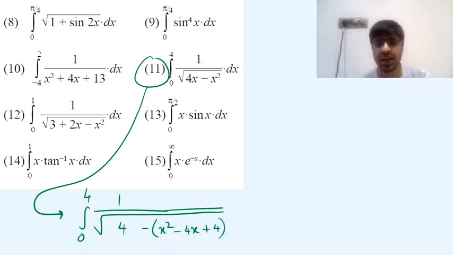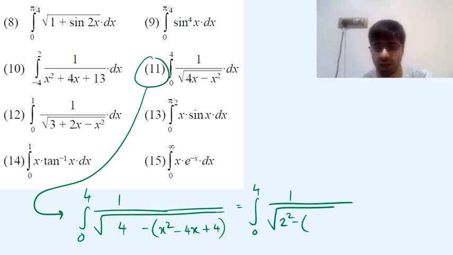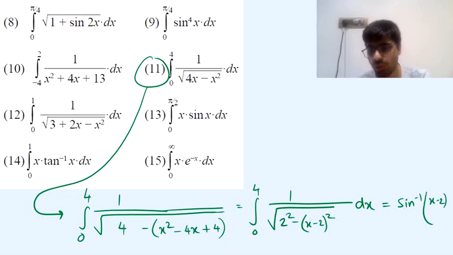So to balance it, we will add a 4 outside the bracket, and this becomes integration 0 to 4, 1 upon root over 2 square minus x minus 2 the whole square dx, and this is going to be sine inverse of x minus 2 upon 2, and the integration is going to go from 0 to 4.